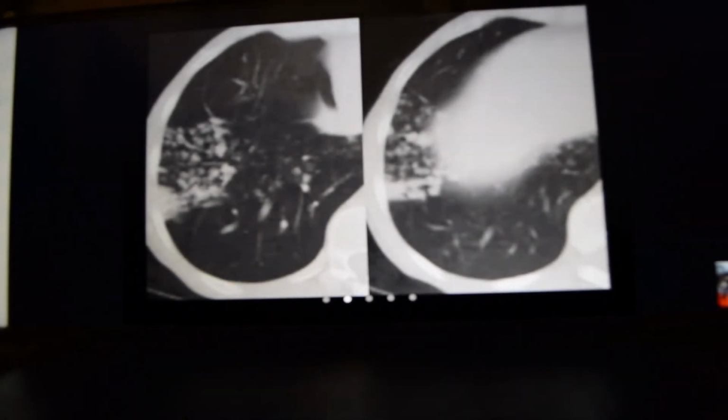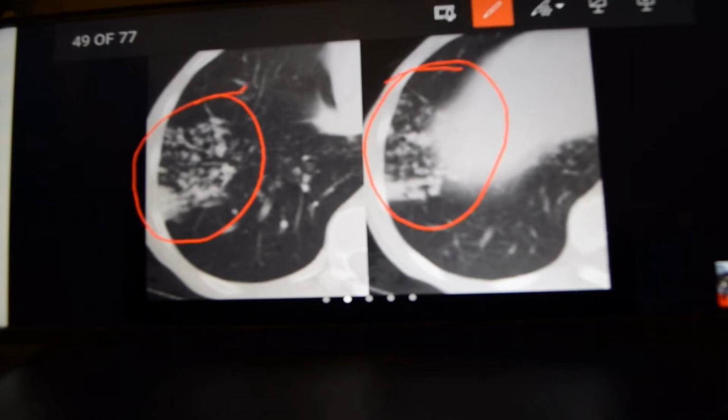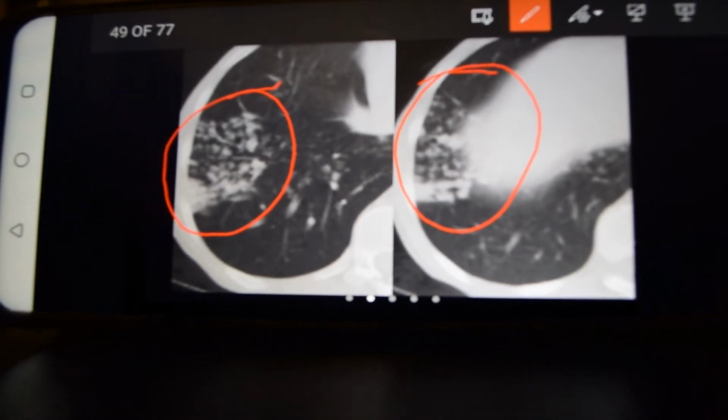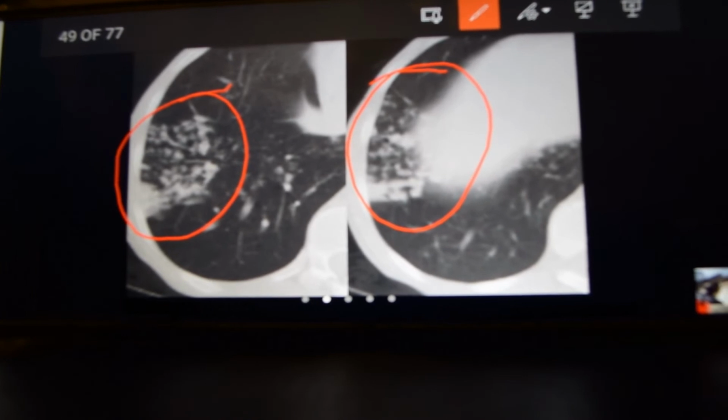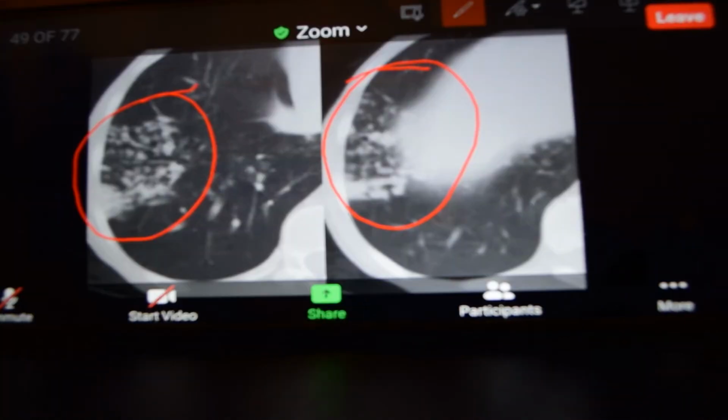So these are typical tree in bud appearance. As we have just discussed, in the tree in bud appearance, are the nodules centrilobular, random, or airspace nodules? Anyone? Look at airspace.